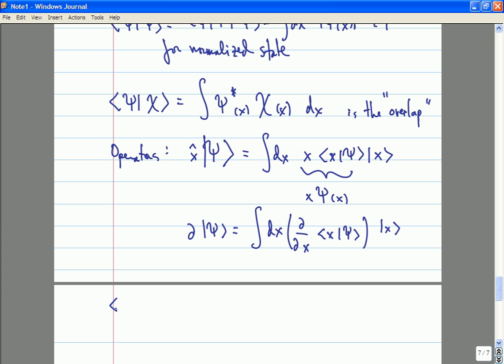So let's show that. Let's imagine computing the matrix element of this derivative operator between a bra and a ket.